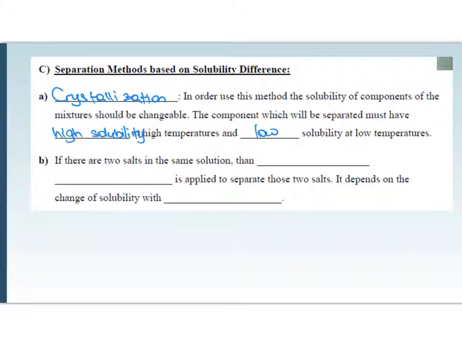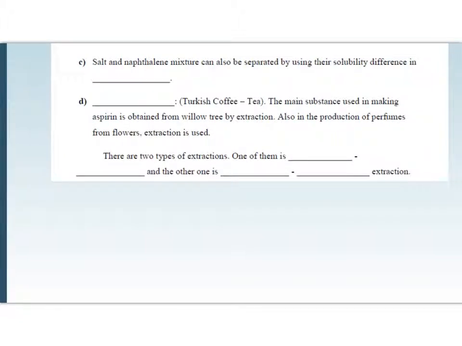Second one, if there are two salts in the same solution, then fractional crystallization is used. It depends on the change of solubility with temperature. Salt and naphthalene mixture can also be separated by using their solubility differences in water.